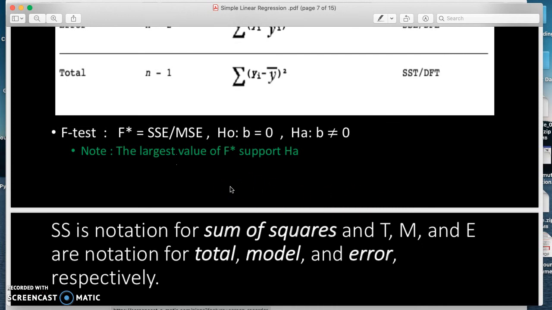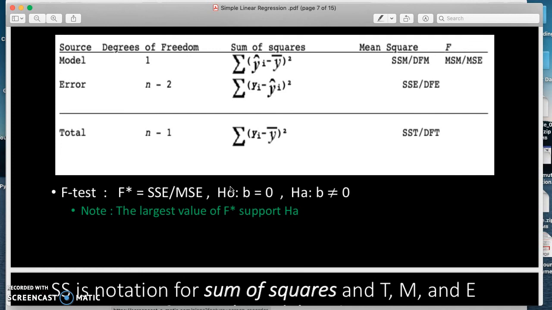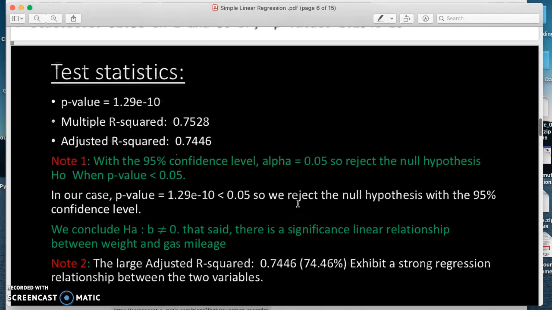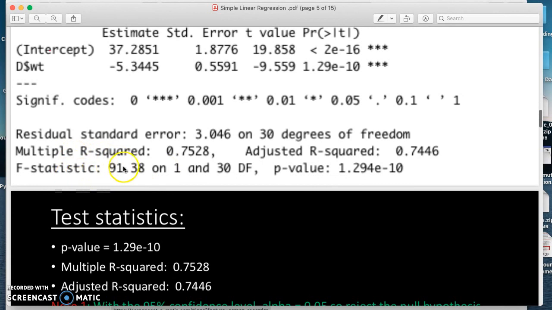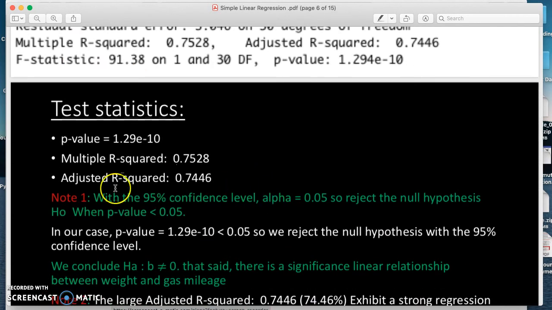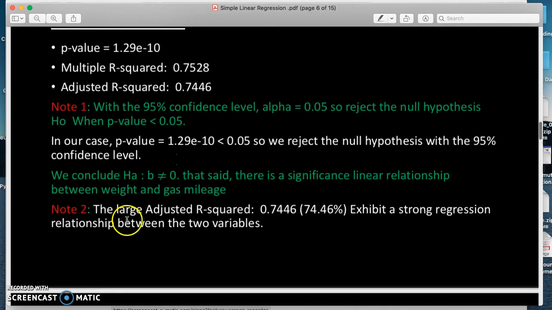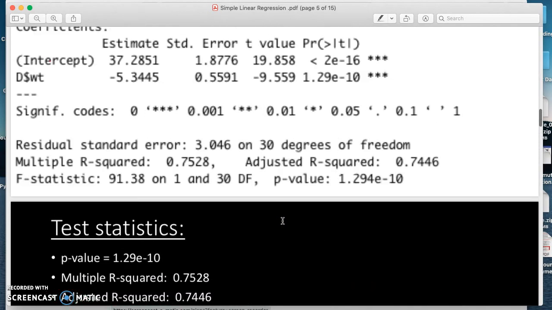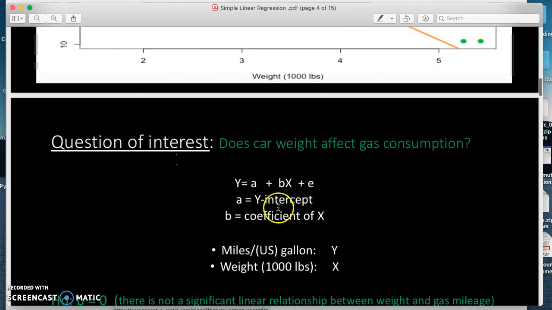So we conclude by saying that you can use the p-value, the F statistic, which we get from the ANOVA table or from the summary of the model, which also gives you the F statistic, and you can also use the adjusted R-squared, which is here. So basically, we found 3 criteria that allow us to test for significance of this coefficient.